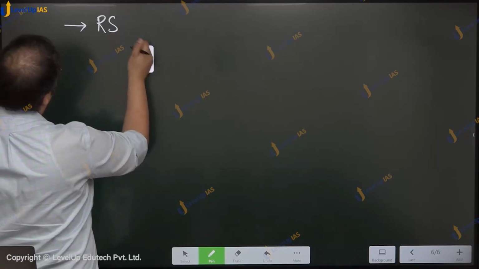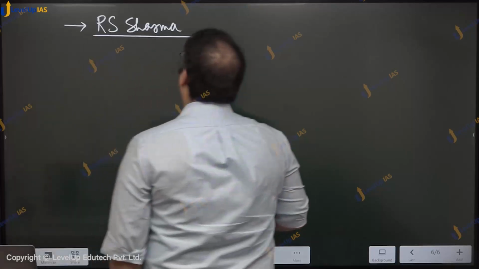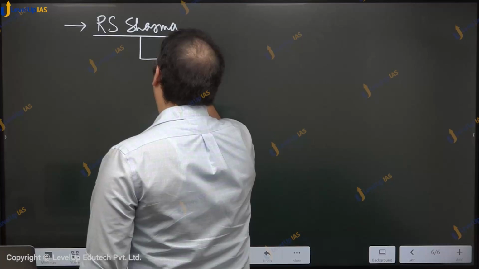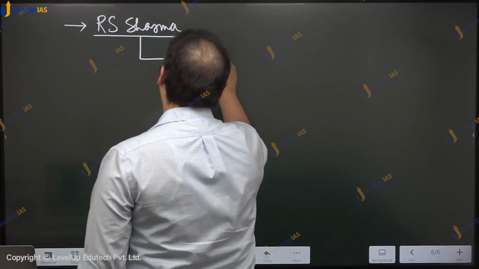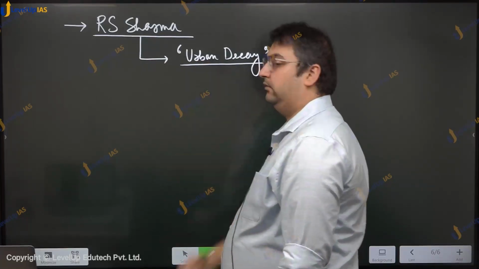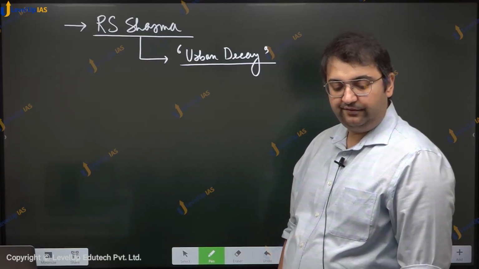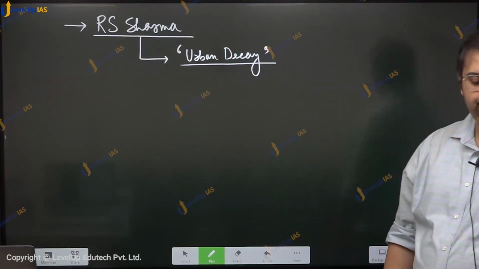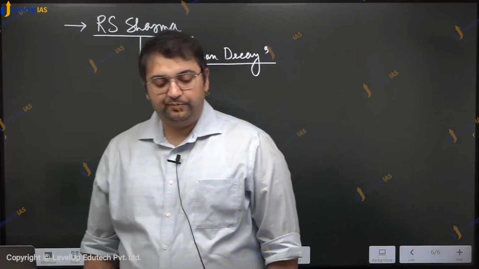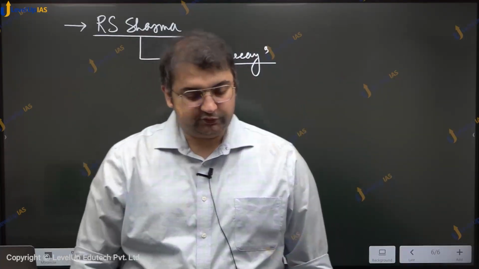Main point: R. S. Sharma further goes on to claim that the process of urban decay was not confined to the post and later Gupta ages. Full stop.